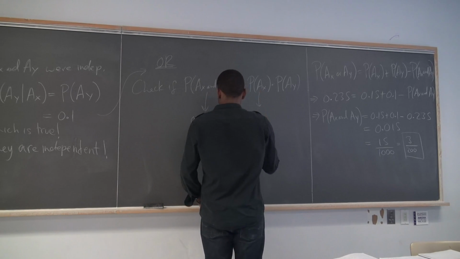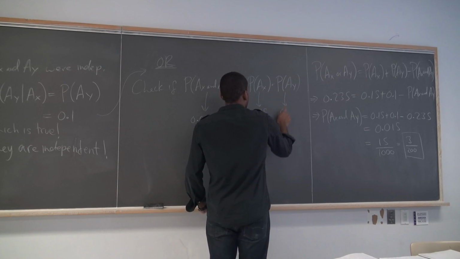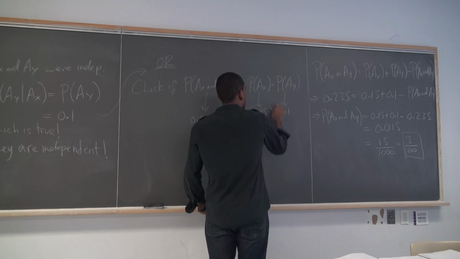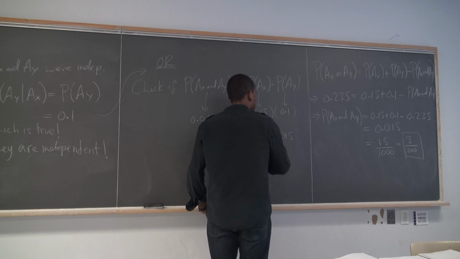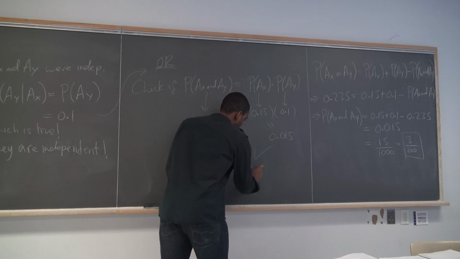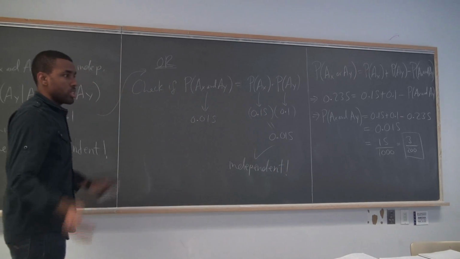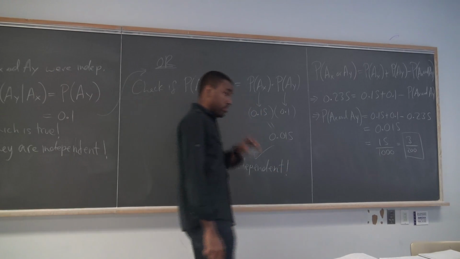This was 0.15 and 0.1, and when you multiply these, you do in fact get 0.015. So again, it checks out that they're independent. One does not affect the other as far as we can tell.